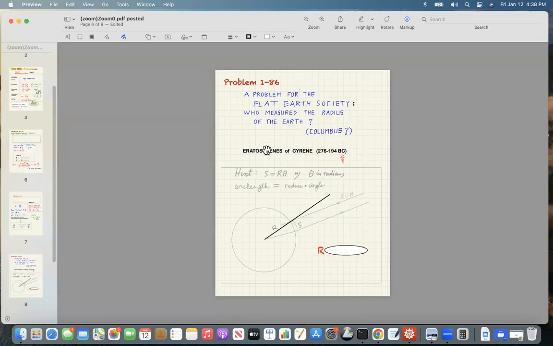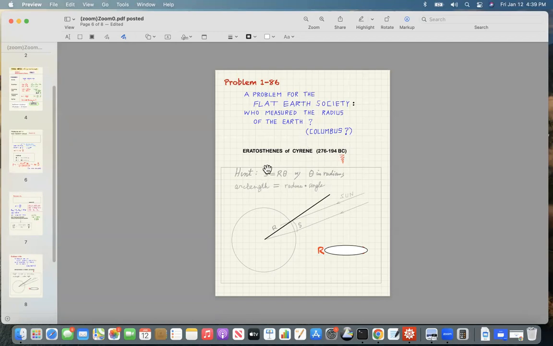And so there were Greek philosophers, mathematicians, scientists living in Egypt. And this man, Eratosthenes, figured out a way to determine the radius of the Earth. He lived 276 to 194 BC. So we're talking about hundreds, really thousands of years ago. That would be 200 years before the life of Jesus of Nazareth.